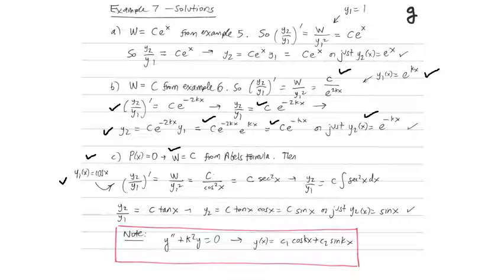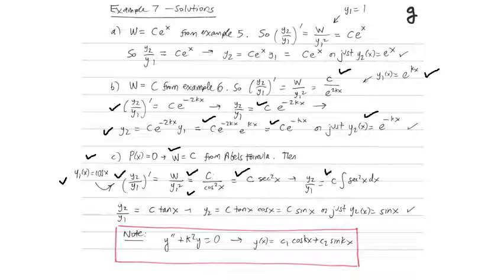So then if we want to use that and use our identity here to find a second linearly independent solution, we plug in the Wronskian, which is constant from Abel's formula. We plug in y1 squared, and we get a constant over cosine squared, which is the same thing as constant times secant squared for the derivative of y2 over y1.